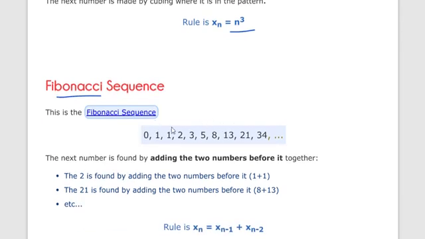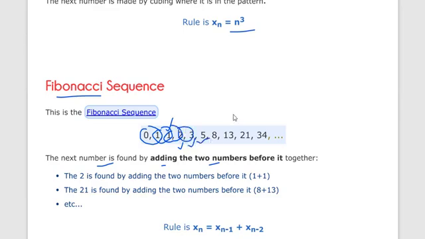What is Fibonacci? The next number is found by adding the two numbers before it. We have to add the previous two numbers, so we can get our next number. So 0 plus 1 we get 1, 1 plus 1 we get 2, 1 plus 2 we get 3, 2 plus 3 we get 5.